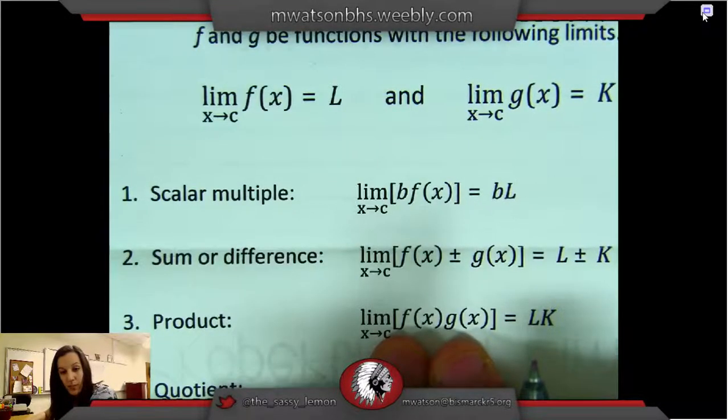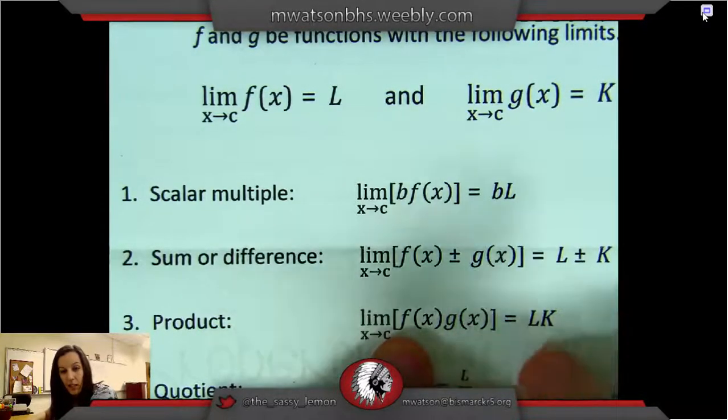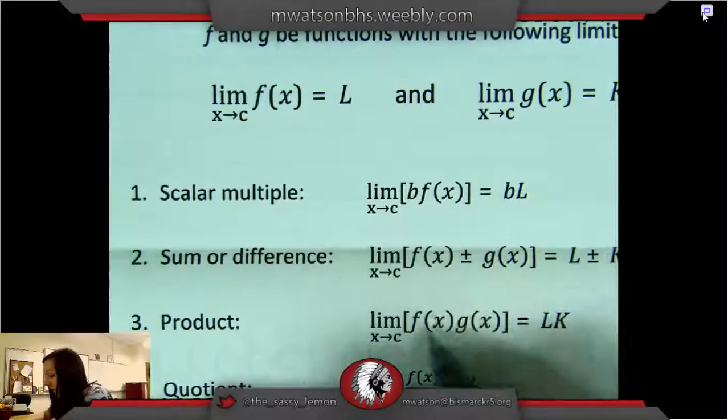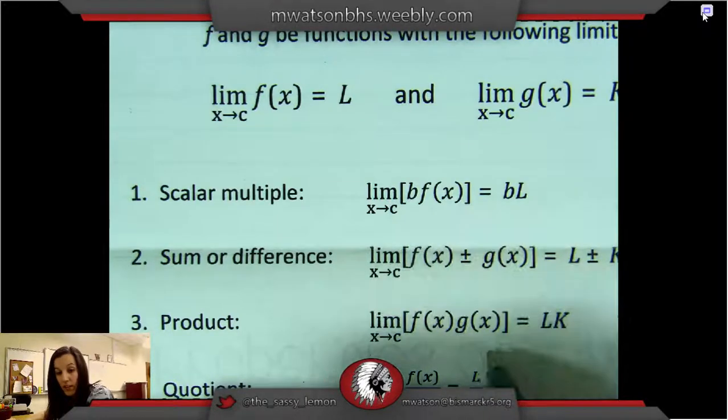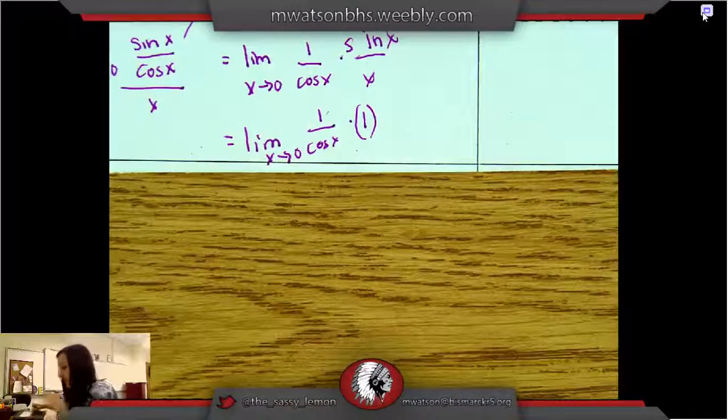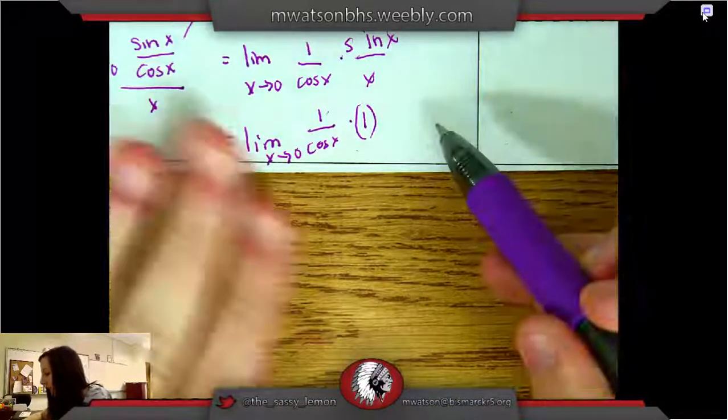So if you have a constant times the limit, then you can just multiply them together. Like, pretend that our 1 over cosine is our f of x, and our sine x over x is the g of x. We can just plug the k in there and multiply it. Alright, so where were we?